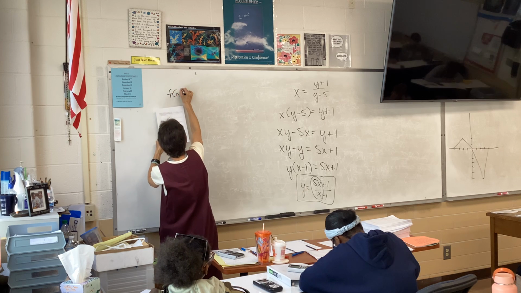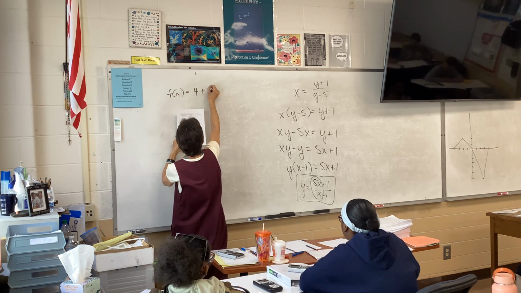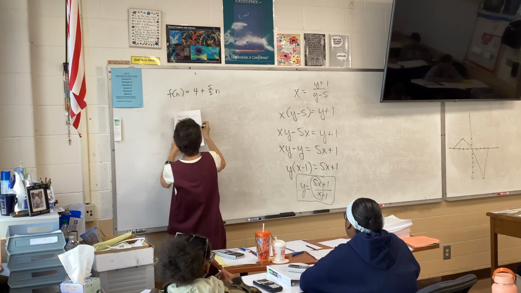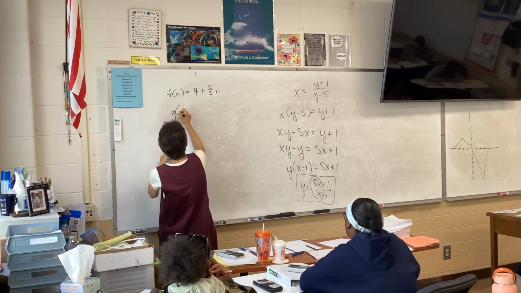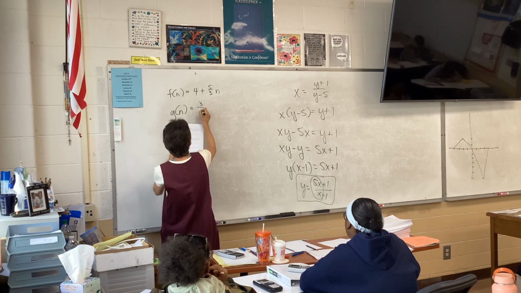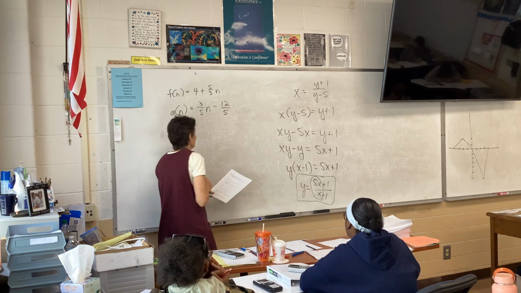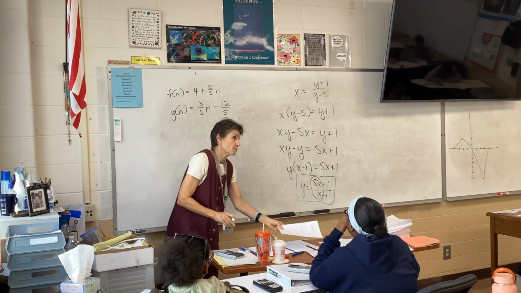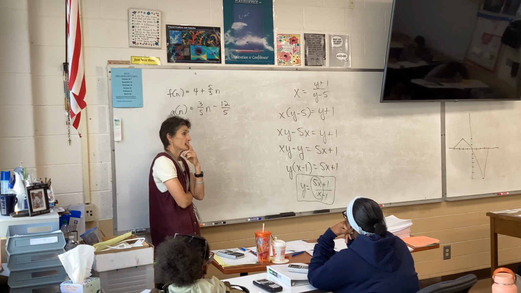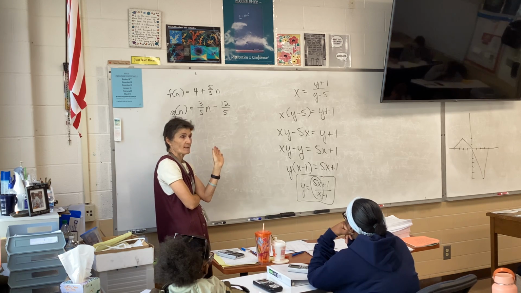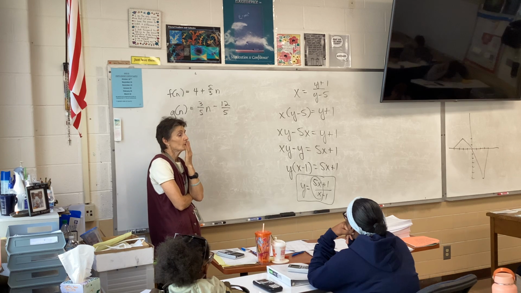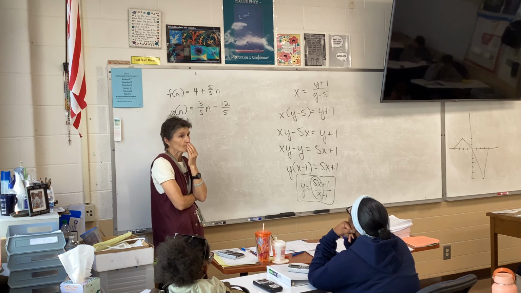So the functions are 4 plus 5/3 n and 3/5 n minus 12/5. All right, your job is to prove that these are inverses. There's only one way to do that. Does anybody remember what it is?